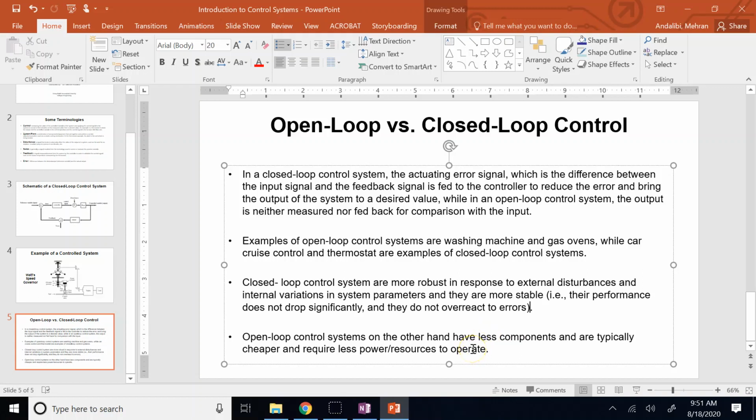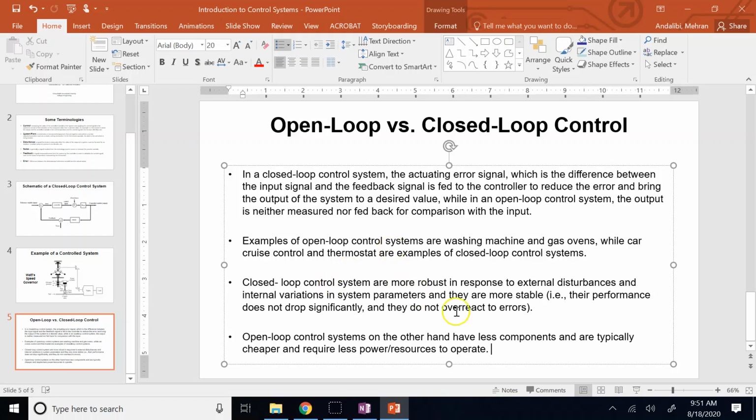They have a lot less equipment, so they are cheaper. They need less power to operate, less resources, of course. So that's the only advantage they have. There are some applications where you do not have much disturbance and change in parameters, so you can rely on a cheap fine-tuned controller to get your job done.